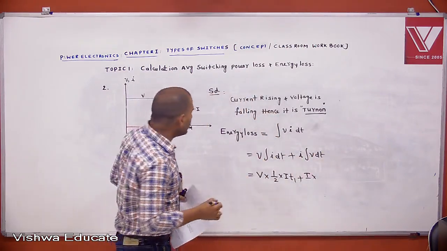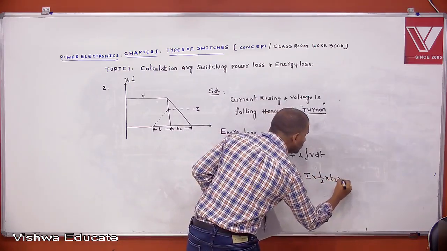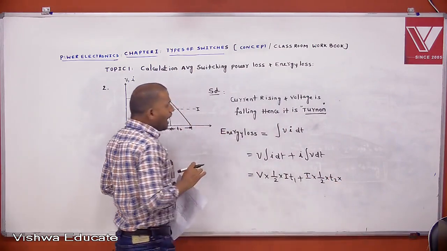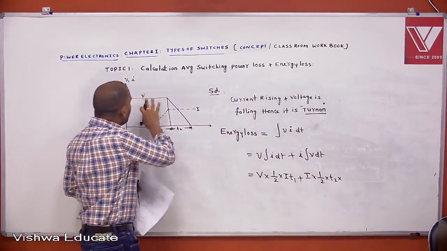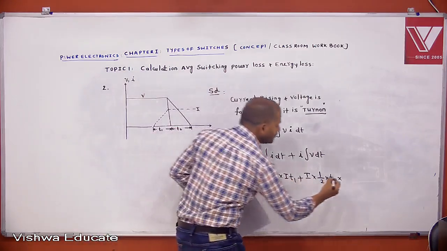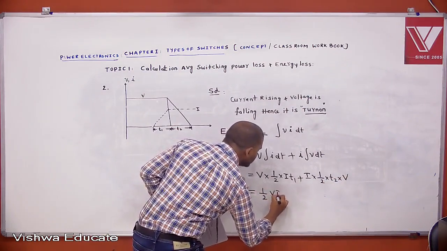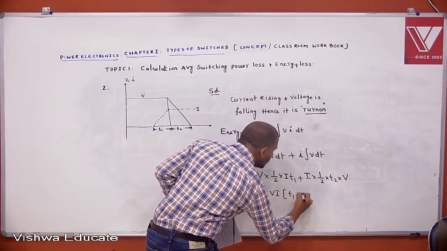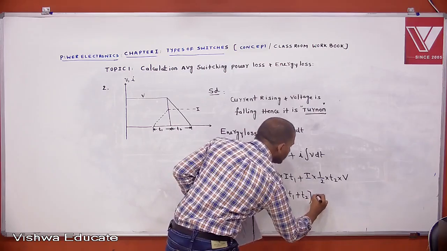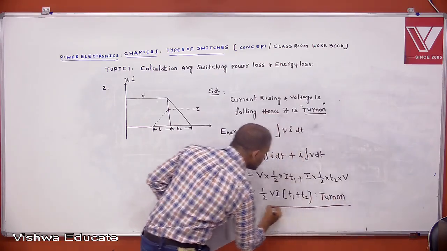Area under the curve, half into T2 into the height for the voltage curve, which is V. Then half VI T1 plus T2. Then which transition is it? Turn-on transition. This is the answer.